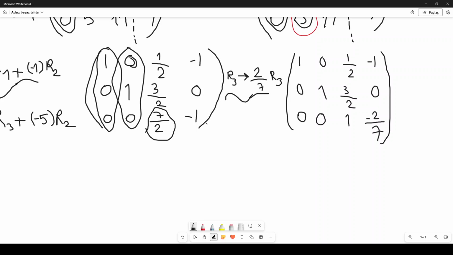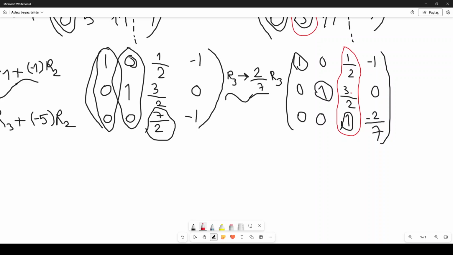Alright guys, we're almost there. The leading entry here is 1, the leading entry here is 1, and the leading entry in the third row is 1 as well. But what is left behind is one thing. I look at the leading entry in the third row. This is 1, right? And look at its column. There are the values 1/2 and 3 over 2, 1/2 and 1.5.